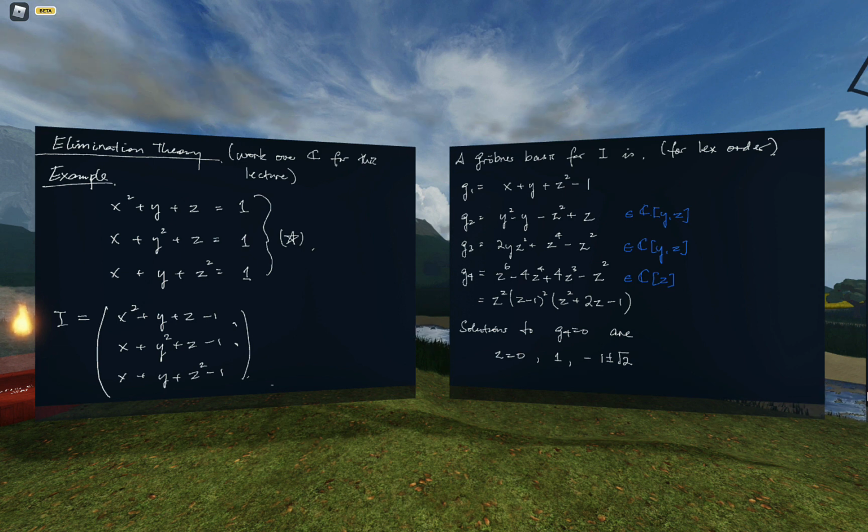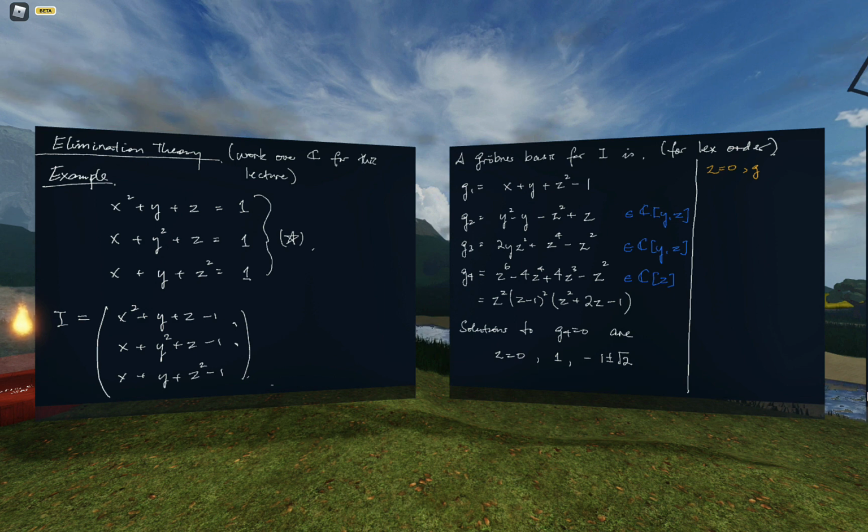How should I write this? Maybe I can fit it on this board. I'm going to draw a line down here. So if we want to do z equals 0, when z is equal to 0, G3 is forced to be 0, so we can't do much there.